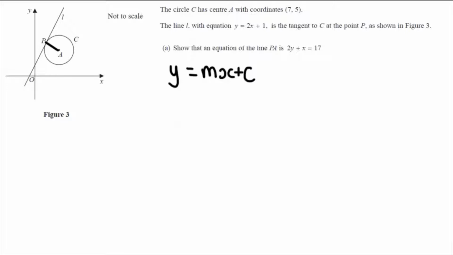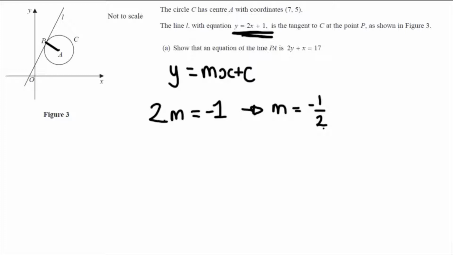We know that the gradients of two perpendicular lines multiply to make minus 1. The gradient of line L is 2, which we get from this equation up here. So 2 times m makes minus 1. If we rearrange this equation, we get m to be minus a half.